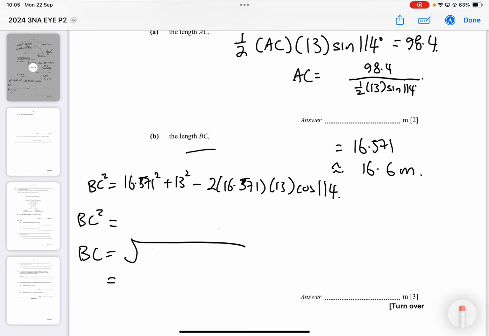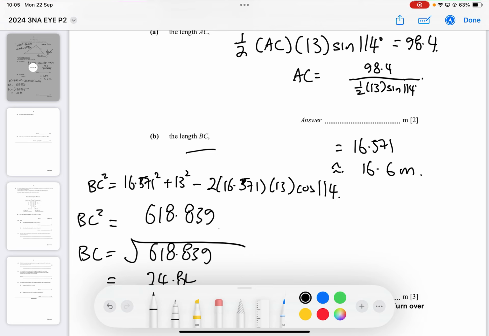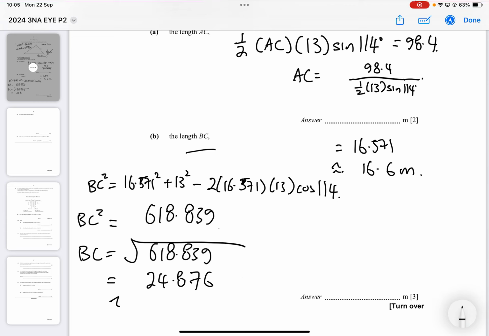Sorry. 618.839. 24.876. So roughly 24.9 meter. Yeah.